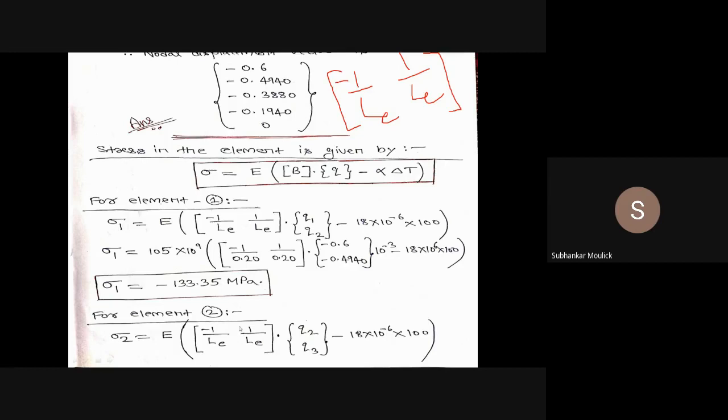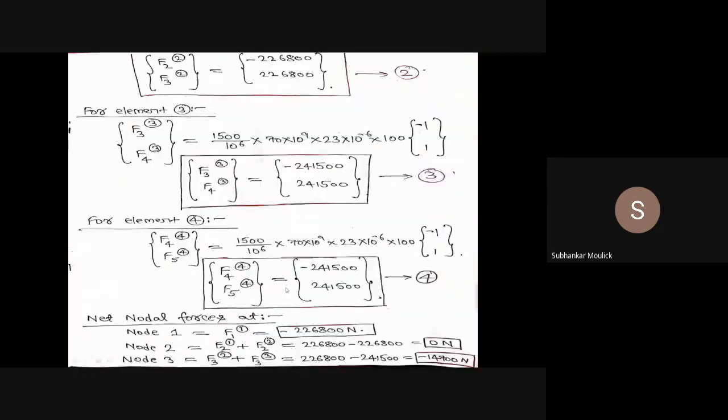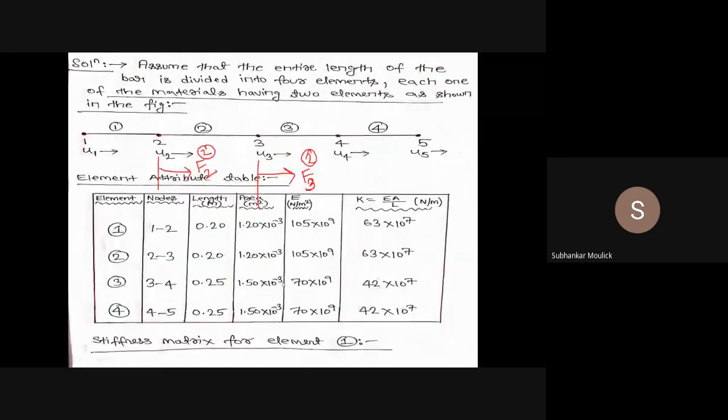If you talk about element number 2, only what will change? This nodal displacement value will change, because I know that element number 2 is connected between node 2 and node 3. So which displacement value do you have to take? You have to take displacement value u2 or q2 and u3 or q3.